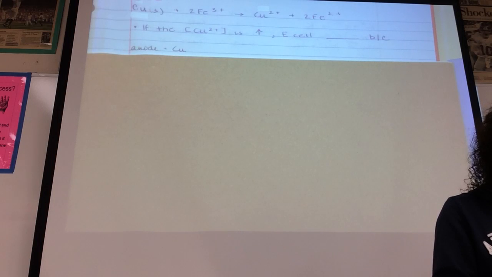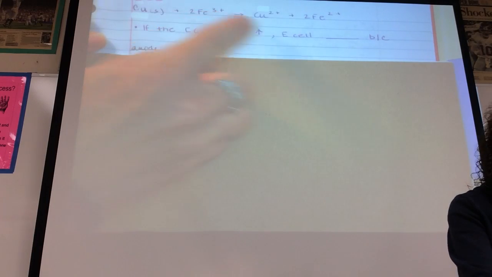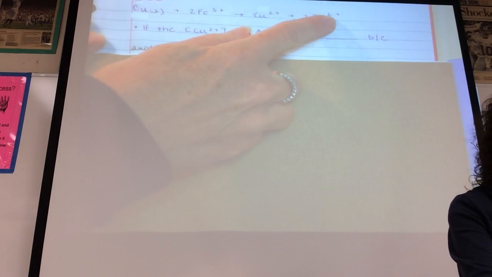The cathode cannot be iron. Why? Well, the reduction reaction is the iron 3+ to iron 2+. You're gaining an electron.